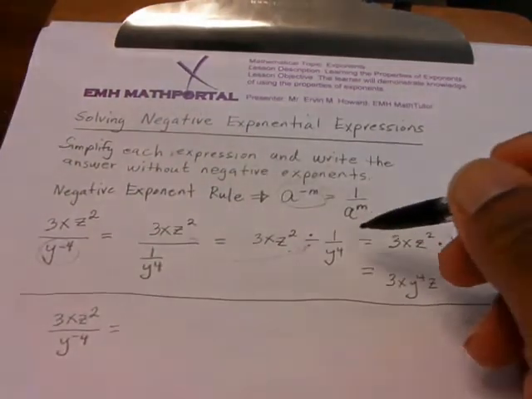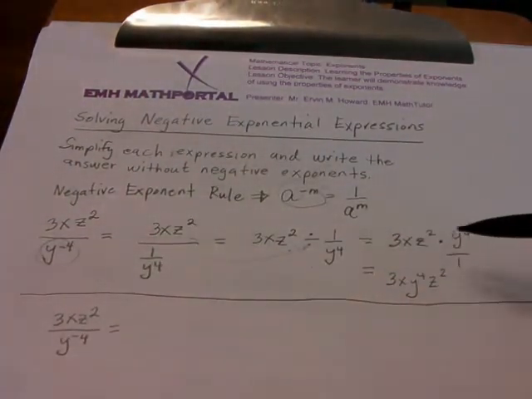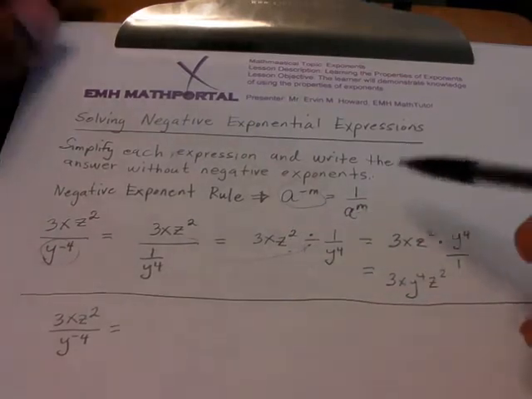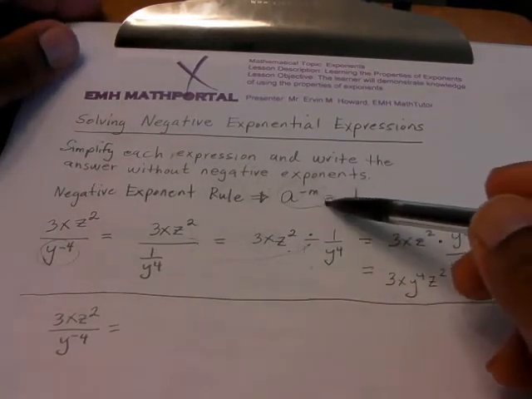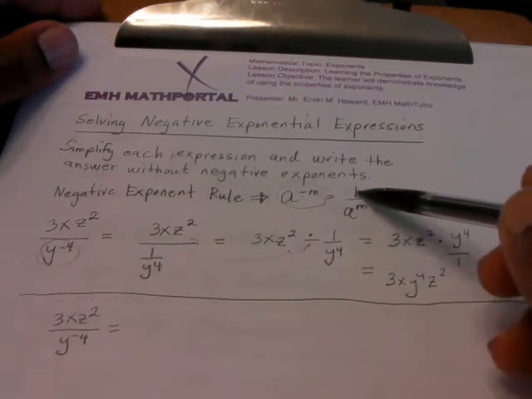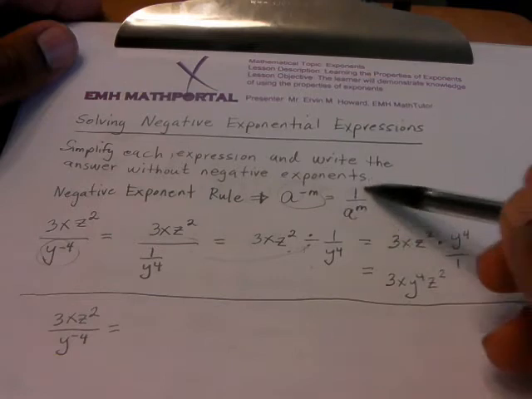Now that we have the understanding of the negative exponent rule, notice that we can take the shortcut of multiplying by the reciprocal.